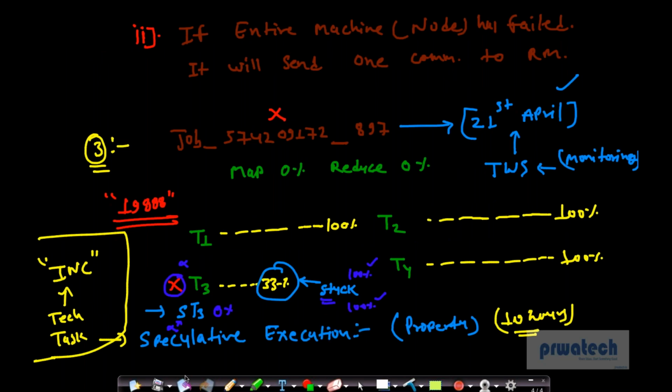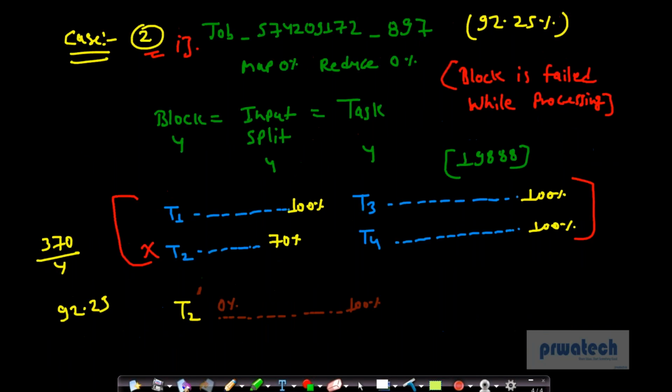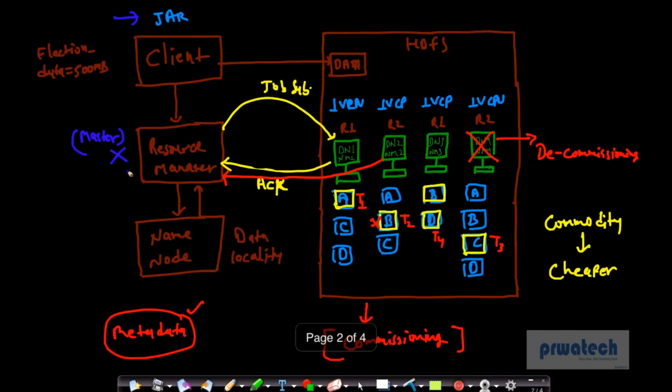This is how your resource manager is handling the job. And to handle the case where the resource manager is also down, we'll see that in high availability. I promise you I'll visit this part separately in YARN, but this is not the right time to discuss high availability.